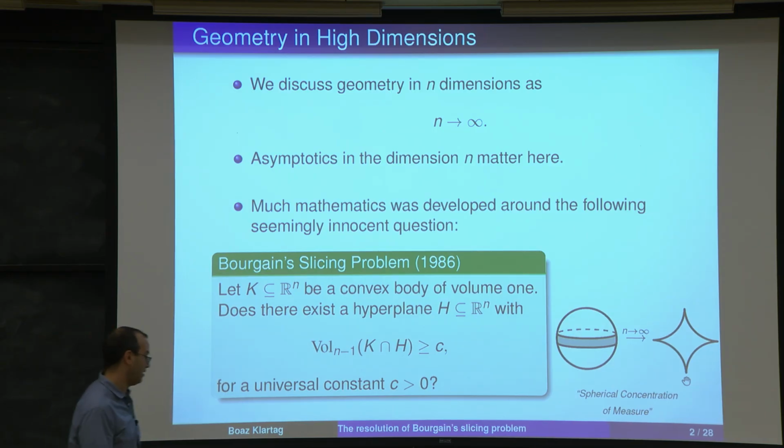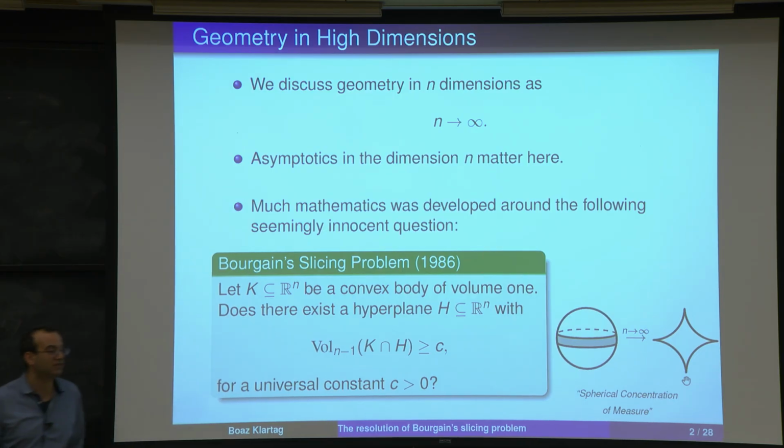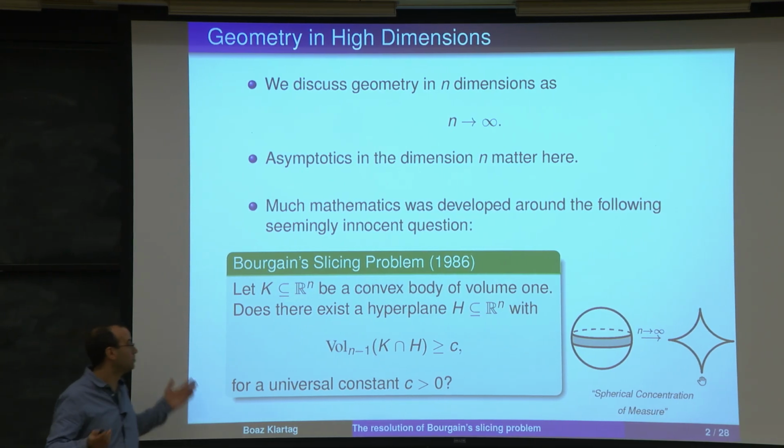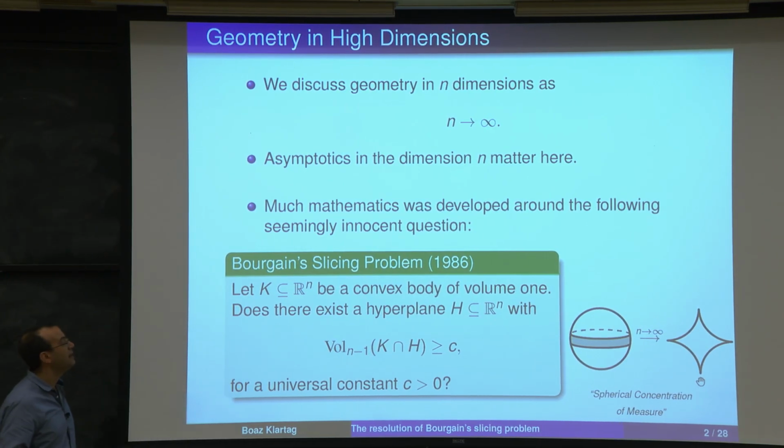High-dimensional geometry has many successes, but for many years there also have been very, very simple questions that remain unsolved. And one of the main such questions was Bourgain's slicing problem from the 1980s. So the question is as follows. Suppose that you have a set in R^n which is convex and has volume 1. You can think of a polytope, a Euclidean ball, whatever.